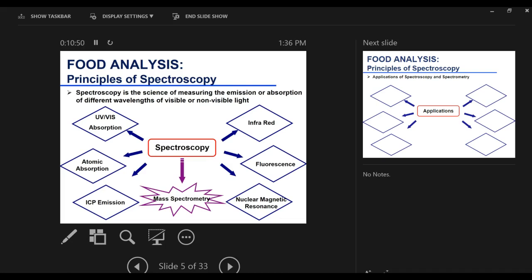The commonality is you get spectra. Here you get a spectra of ions, here a spectra of absorption or emission.